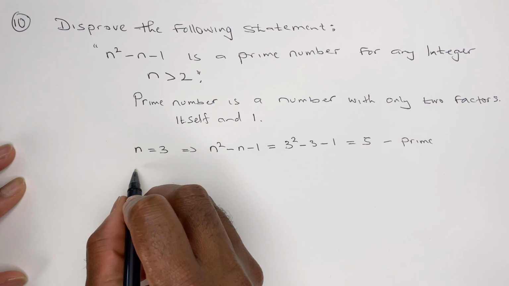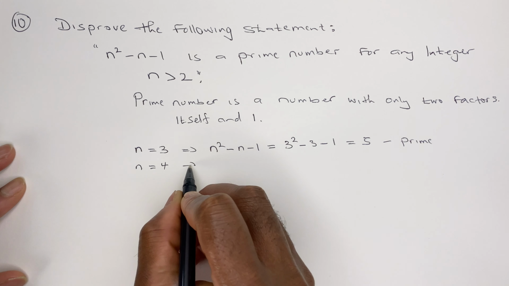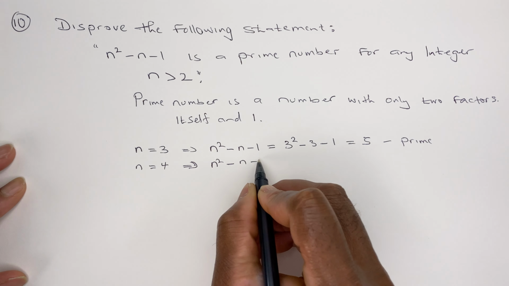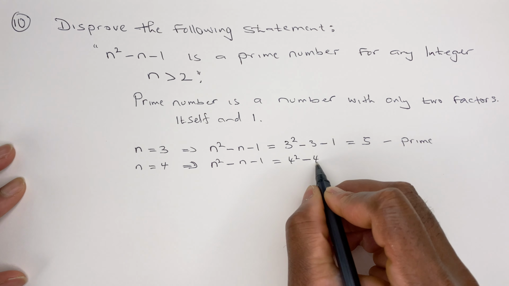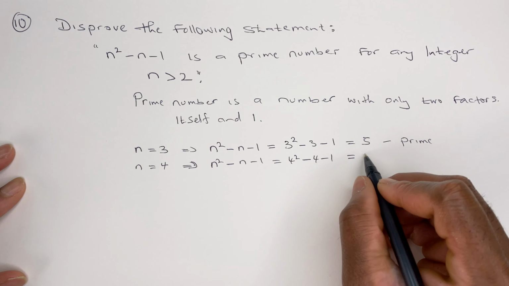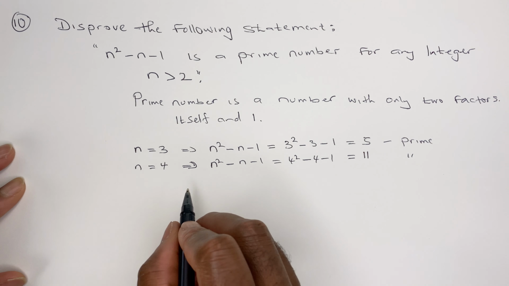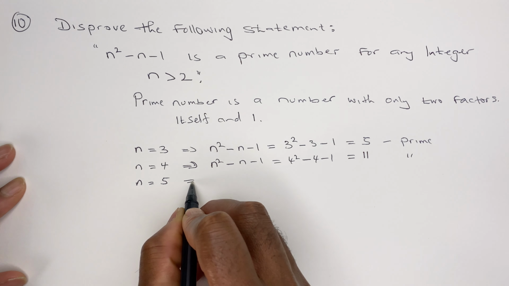Then we try n equals 4. That implies that n squared minus n minus 1 will be equal to 4 squared minus 4 minus 1, and that will give us 11. Again, that's prime.